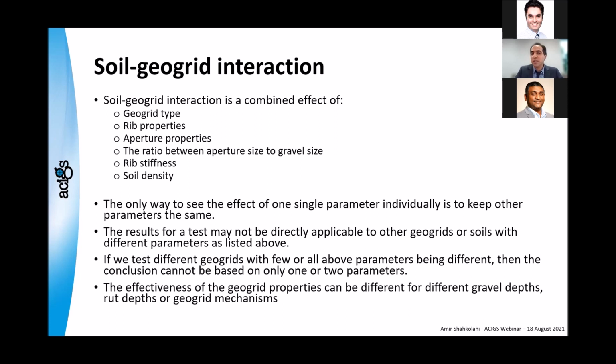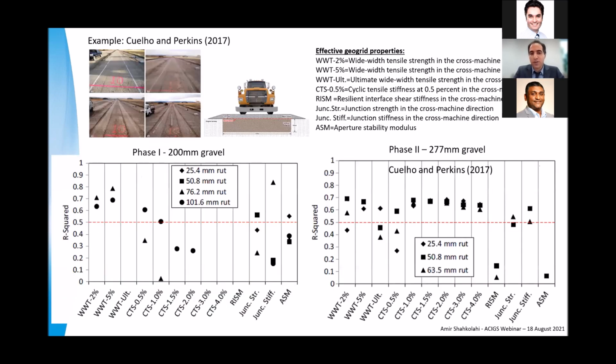So if we change the thickness of the gravel, we may see that some parameters are less effective or more effective now that we have changed the gravel with the same geogrid. So the thickness of the gravel, as well as the amount of rutting, can change the interaction and effectiveness of the property. Look at this nice outcome.